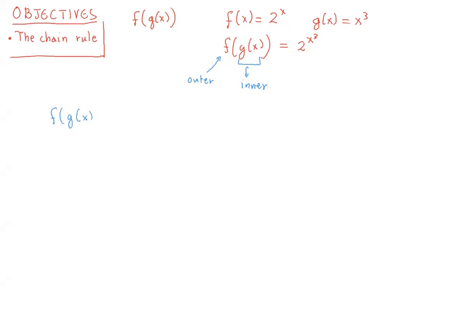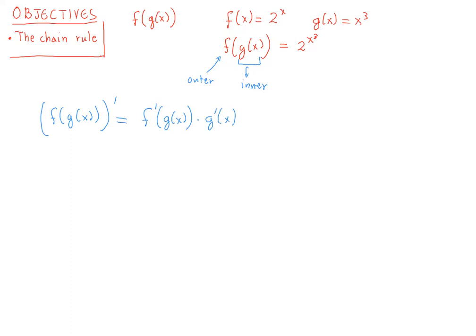The derivative of f of g of x is the following. We start with a composite where the outer function is f prime, the derivative of f, and the inner function is g of x, just simply the original inner function. And then we multiply by the derivative of the inner function.